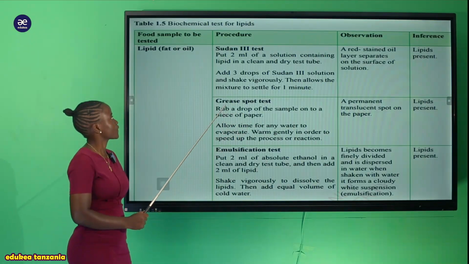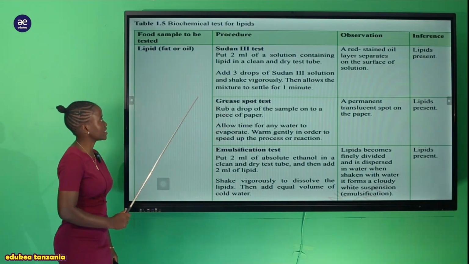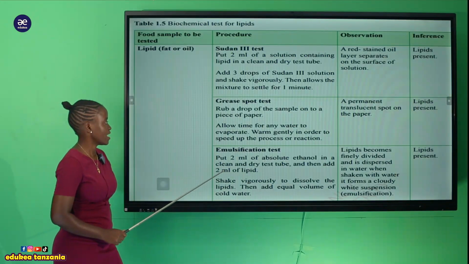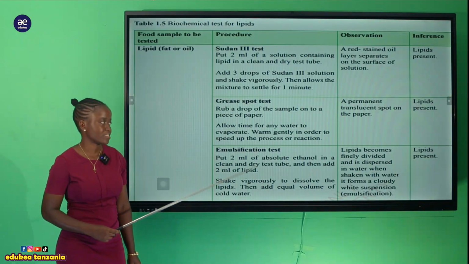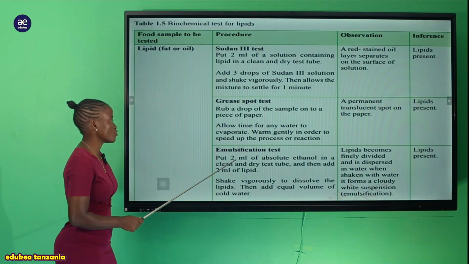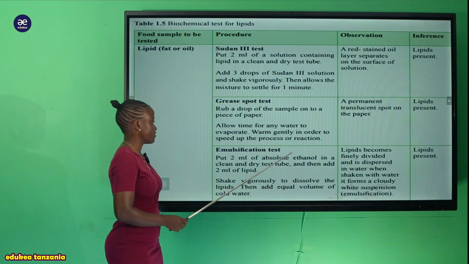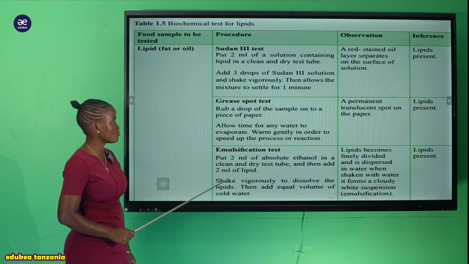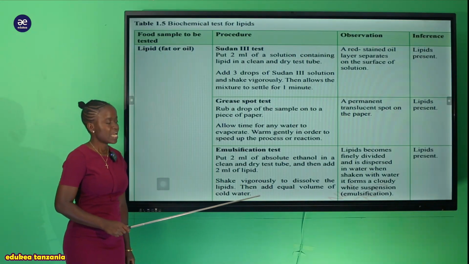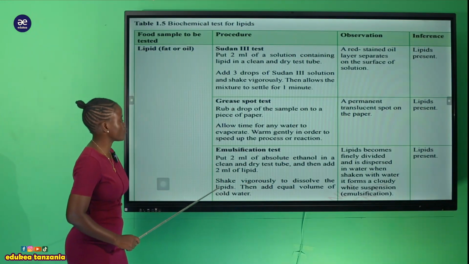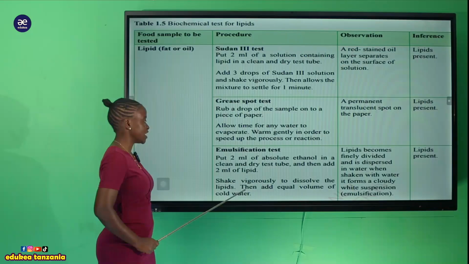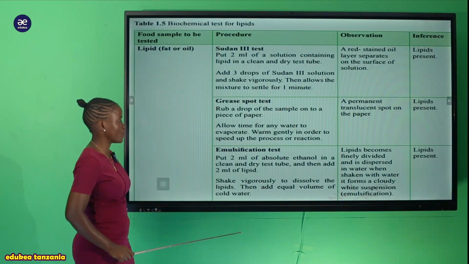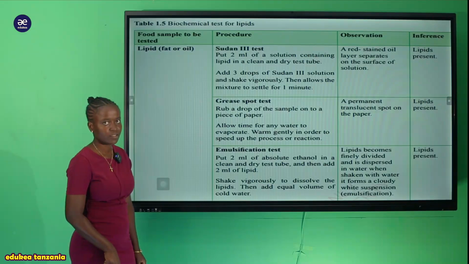So we have the last procedure of detecting if there is a presence of lipid, now by the emulsification test. So how? We put 2 ml of absolute ethanol in a clean and dry test tube, and then you add 2 ml of lipid. After adding, you shake vigorously to dissolve the lipid, then add an equal volume of cold water.